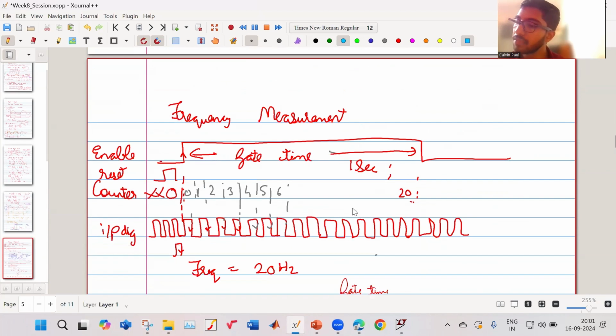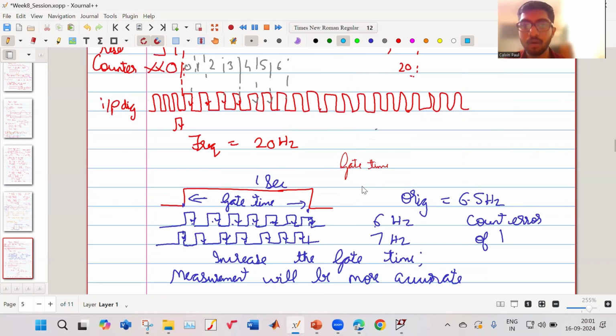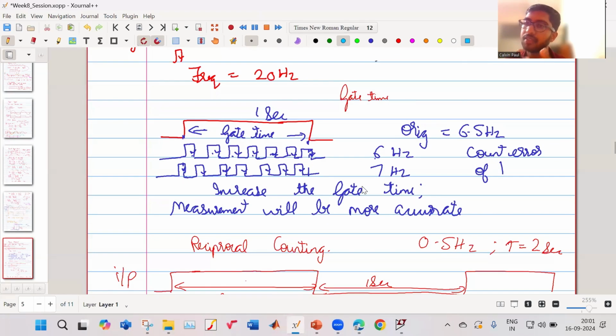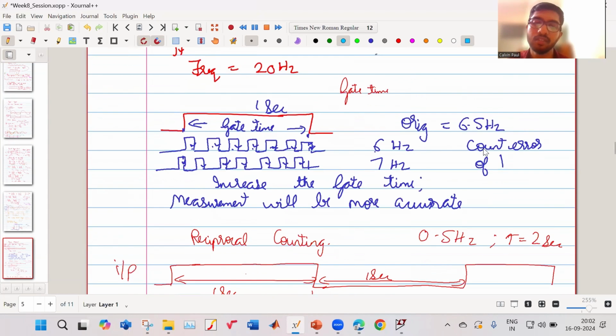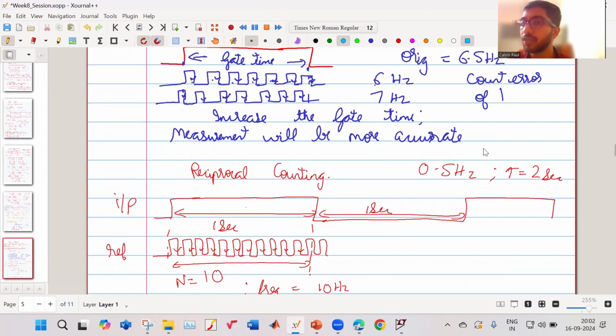Then for frequency measurement, we have a gate time and we find how many times the input signal has been triggered. That I can use to estimate the frequency. That is one way. But if the input frequency is very low, it takes a lot of time with this method. So then I use something known as reciprocal counting.